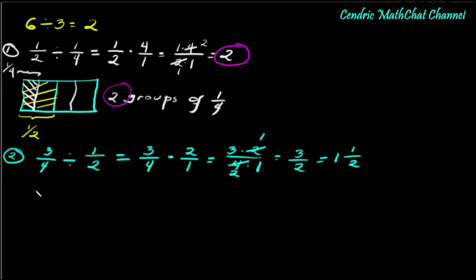So let's draw again. Ito yung whole natin. So this is, there we go. And meron tayong 3/4. That's our initial amount. It's our starting amount. So let's shade it para mas madaling maintindihan. Okay. So 3/4.